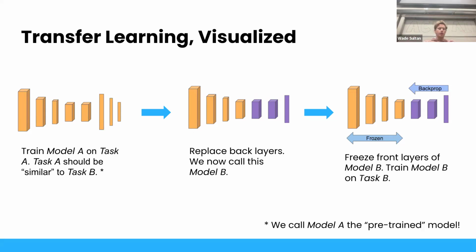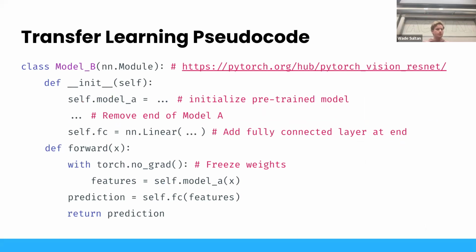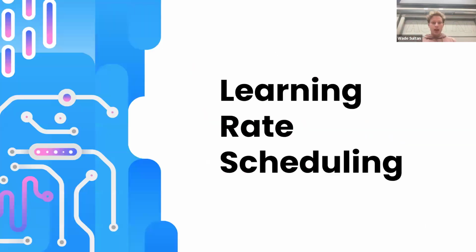Then we fix the front layers, the part that is still from A, and we only train the part that's B. Here you also have a bit of pseudocode, some PyTorch.